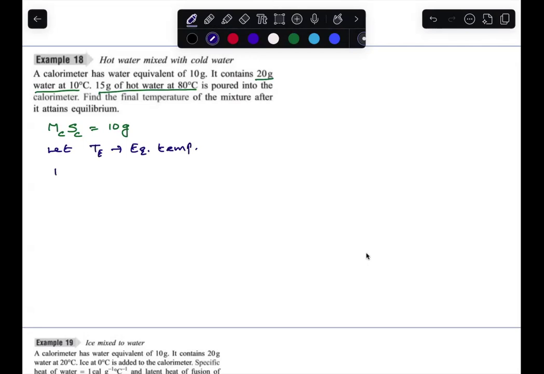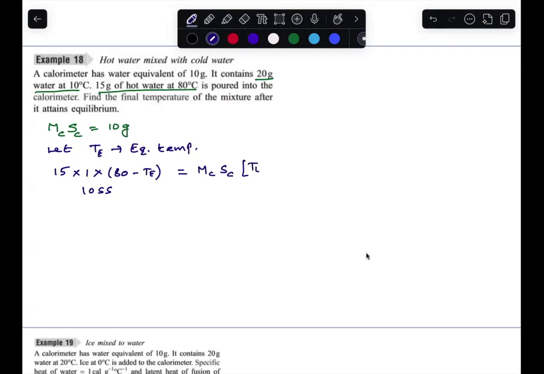In fact, 15 grams hot water with the specific heat capacity 1 unit, of course, accordingly in CGS system. And it falls from a temperature of 80 to T. This is the loss part. Gain part is M calorimeter, S calorimeter, and it is at 10 degrees, don't forget.